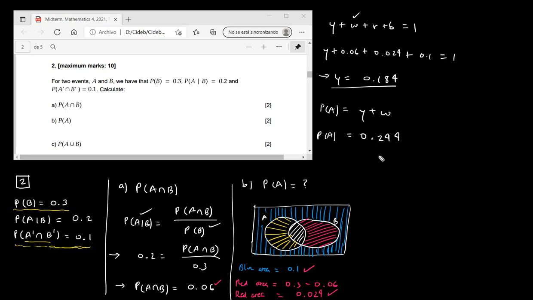I hope I'm not making any dumb mistake in the process, because otherwise I'm going to have to correct it. The error is right here. Yeah, I knew I was doing something very dumb. Okay, this is 0.24. Sorry guys. 0.24.